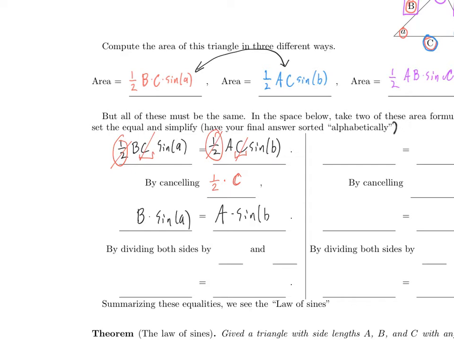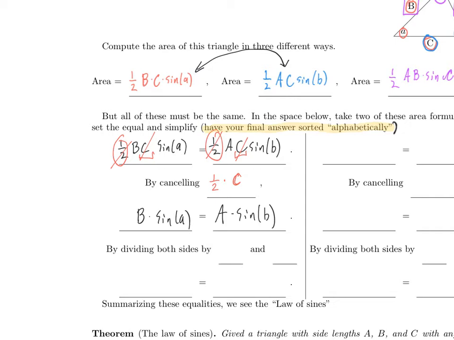a times sine of B. And on the one hand, you could interpret that as being a final answer. I'm going to go ahead and say that I want to do something different. I want to sort all of these formulae alphabetically, where alphabetically just means I want all the a's on one side, I want all the b's on the other side.